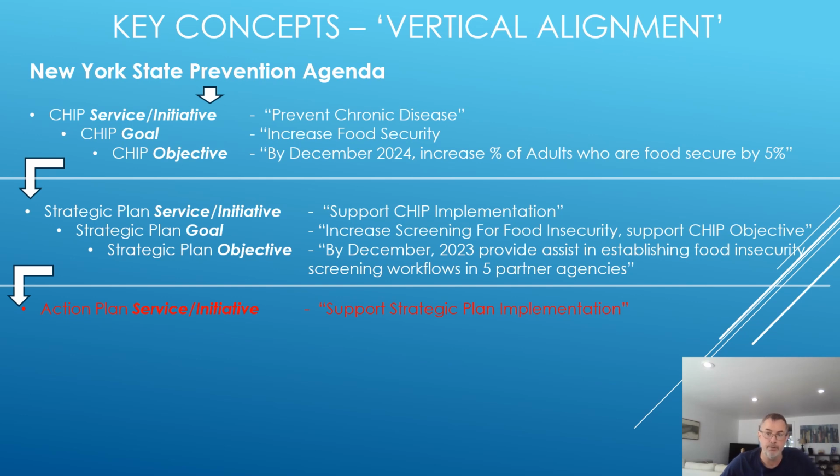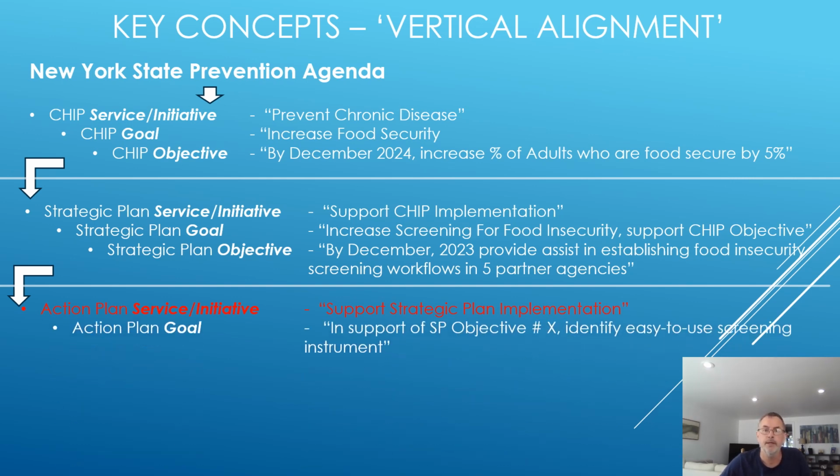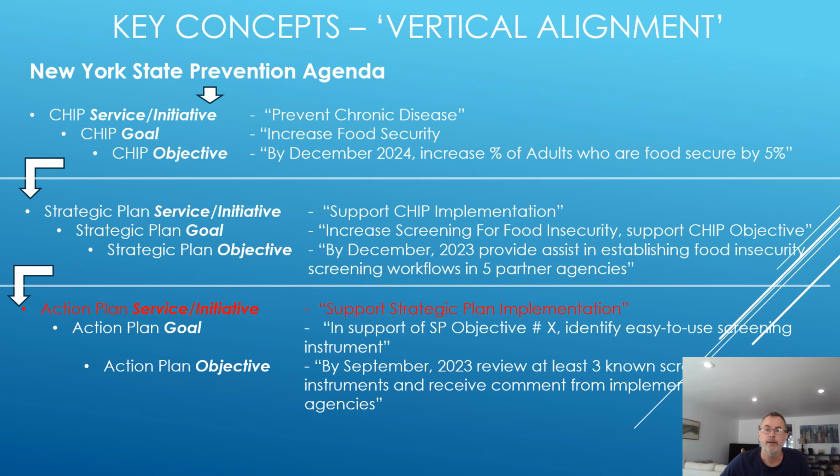And that gets to the action plan, which is down at the next level. So we're going to support that strategic plan implementation, whatever goal and objective that was. How we're going to do that is we're going to identify an easy to use screening instrument. By September 2023, we're going to review at least 3 known screening instruments and receive comment from implementing agencies.